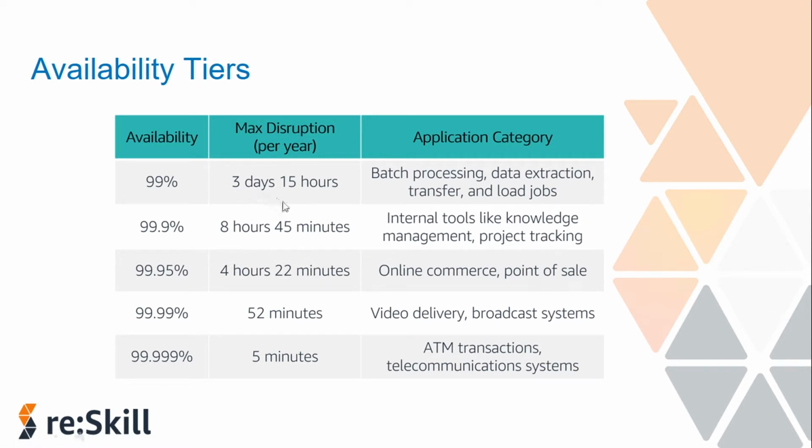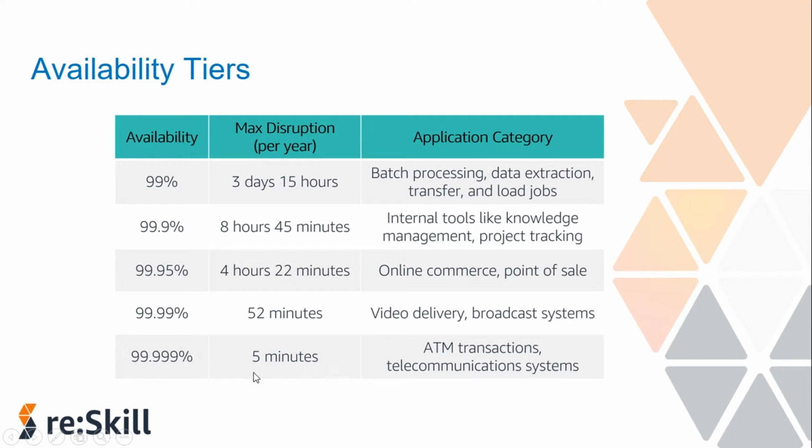If somebody says that their system has 5 nines of availability, what we will understand is that this is very highly available. The maximum possible disruption per year is just 5 minutes. It might be a few seconds once, it might be a few seconds another time, right? But the maximum that can happen is just 5 minutes. And different kinds of applications have different kinds of availability requirements.